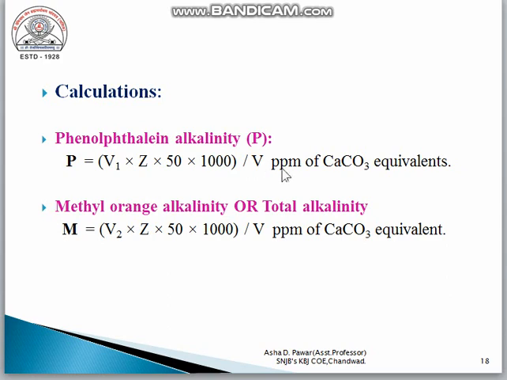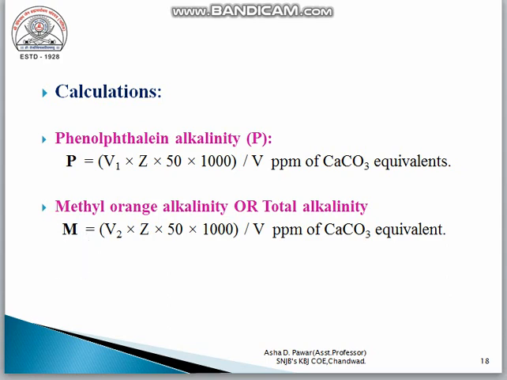The answer is obtained in ppm CaCO3 equivalent, and total alkalinity M is equal to V2, the burette reading up to the methyl orange endpoint, times the normality of strong acid, times 50 times 1000 upon V, the volume of water sample. So by using phenolphthalein and methyl orange we easily calculate the phenolphthalein alkalinity and methyl orange alkalinity.